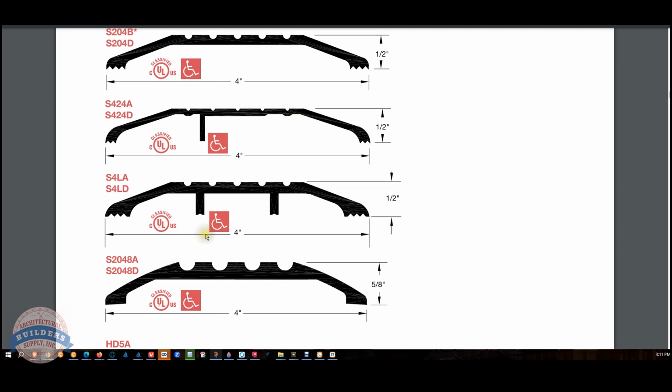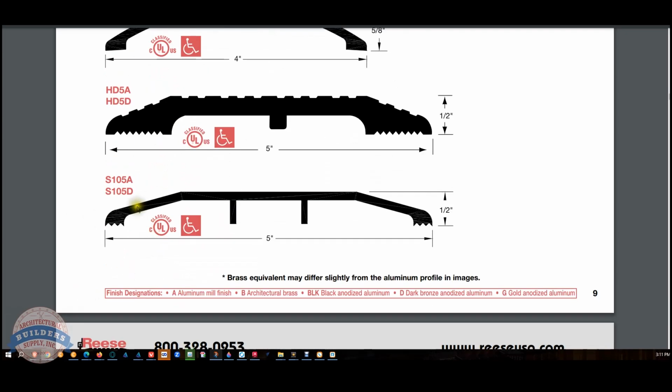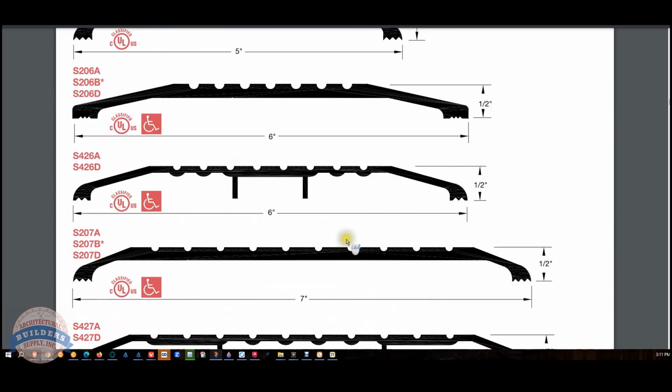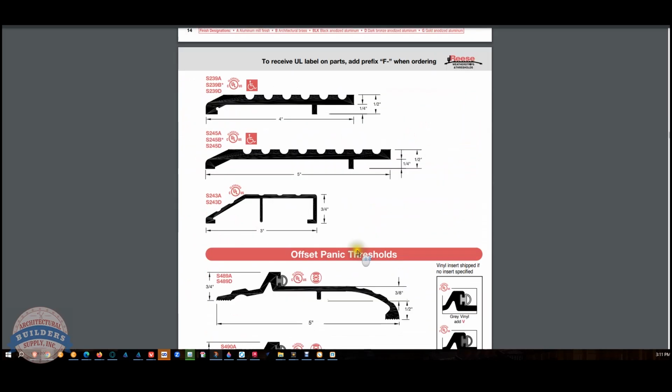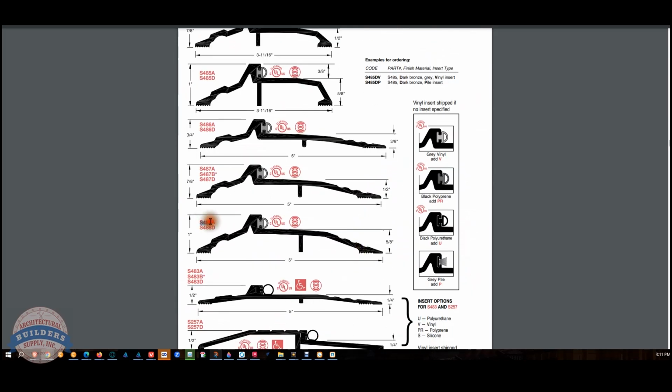I like to have these serrations underneath here. That's a really handy detail, and you'll note that this model does not have it, but this super heavy-duty threshold has them. You'll note that they're bump-up style thresholds, and a very common style of bump-up threshold is the S488.